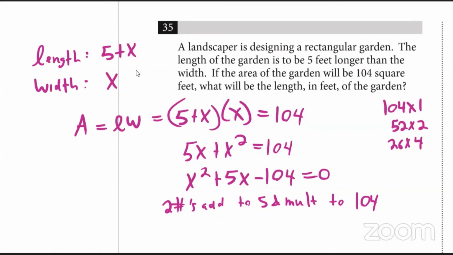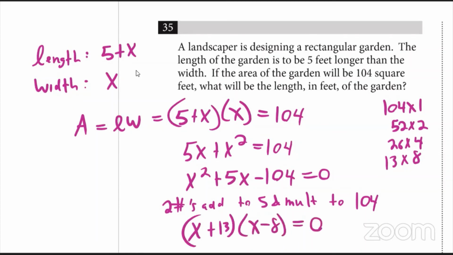And by 8? It's equal to 13 times 8. Now that's critical because 13 and 8 are 5 away from each other. So the 2 numbers that add to 5 and multiply to negative 104 are going to be positive 13 and negative 8. Just think about it. 13 minus 8 is 5. 13 times negative 8 is negative 104.